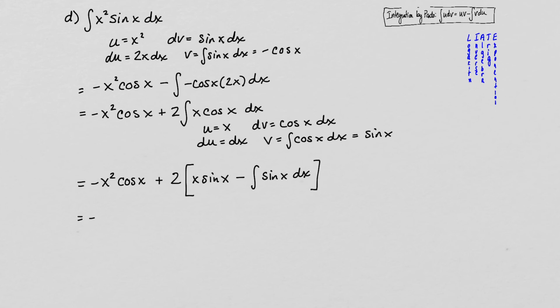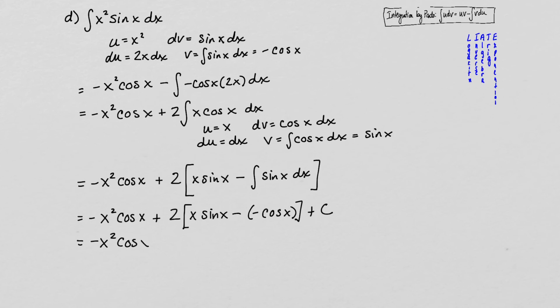So we end up with minus x squared cosine x plus 2 times the quantity x sine x minus the integral of sine x, which is minus cosine x, plus c.